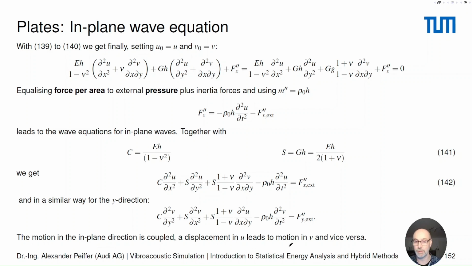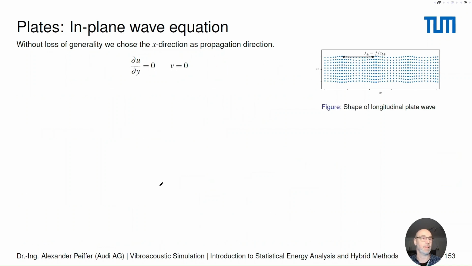I mean, similar to the full material, where you had shear and longitudinal waves. The shear wave is more or less the same in a plate. It does not change very much. It's just depending on the shear modulus. But there's a slight difference for longitudinal waves. If you remember the longitudinal wave in the solid, there would be no motion in the perpendicular direction.